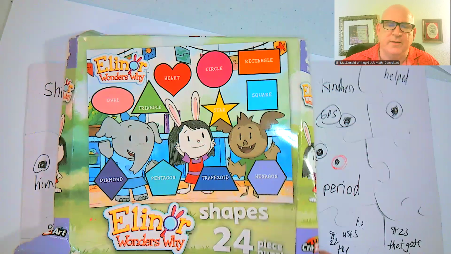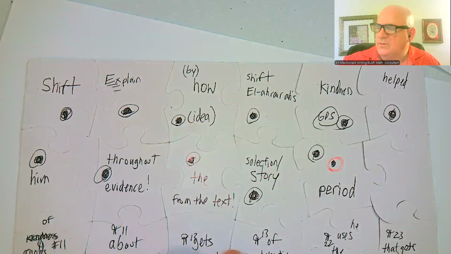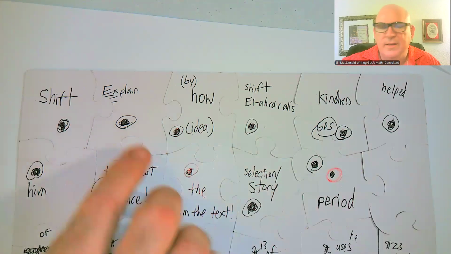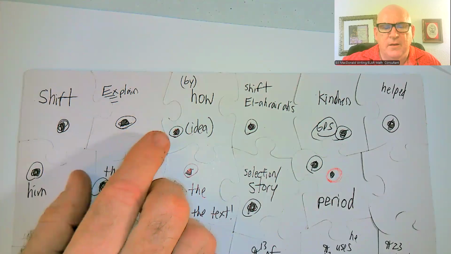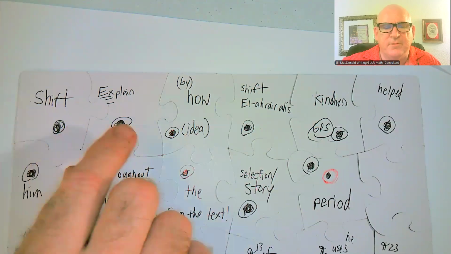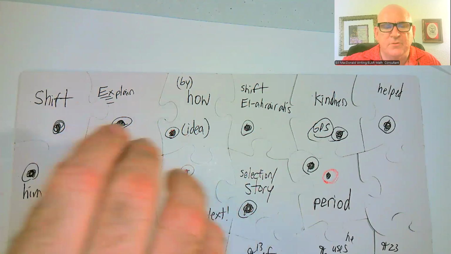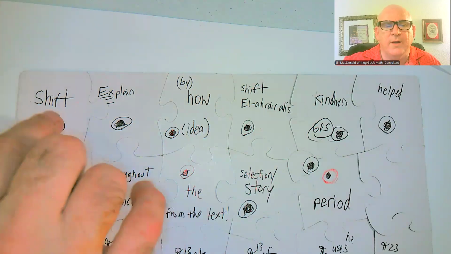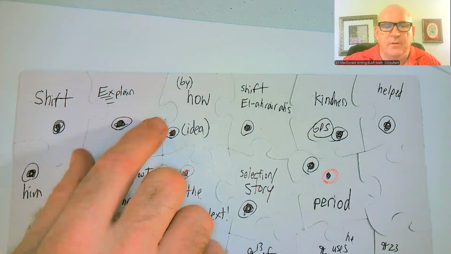So here's what I did. Shift, because our sentence is going to have to start with a capital. Explain how, and all these little dots, I'm pretending like those are little M&Ms. What are we doing here? What is capital?